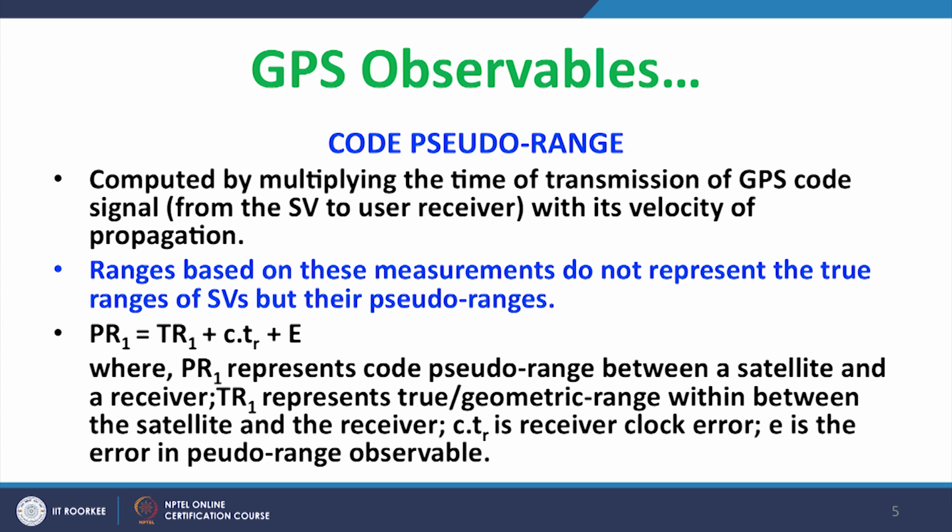As the name itself tells, the code pseudo range is determined by measuring the time of transmission from satellite to receiver from the code information available in the signal, and the velocity of transmission of the signal from satellite to receiver.